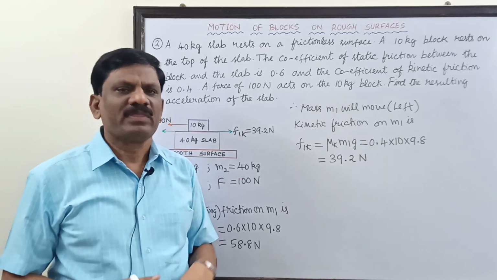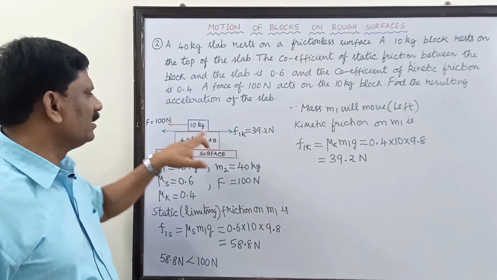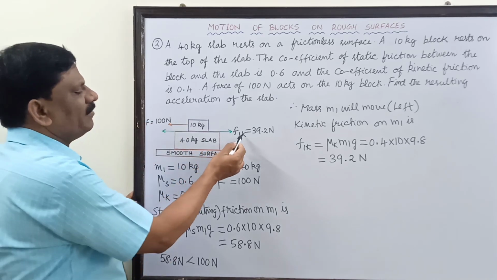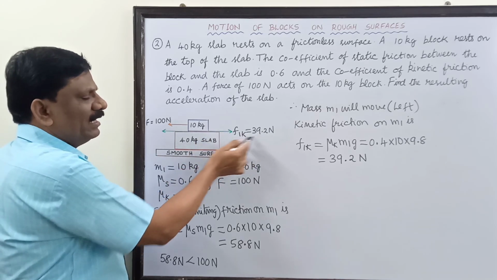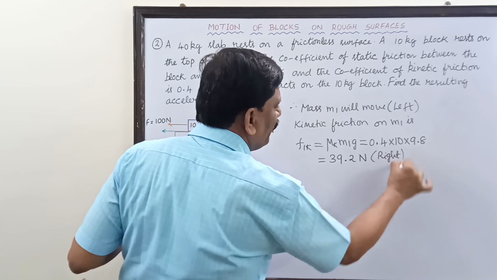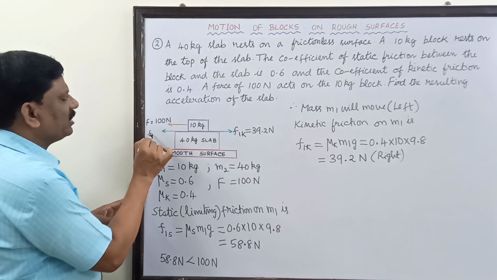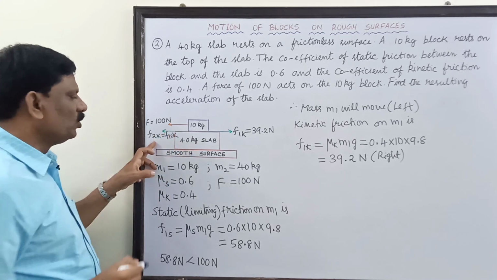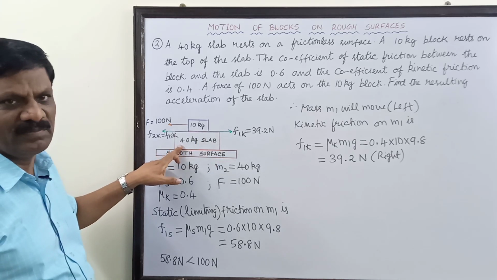So the net force acting on the mass 10 kg is 100 minus 39.2. Now, the same force acts as a reaction force on the right side of the mass M1, and it will be equal to the kinetic friction acting on the second mass also. So this is F2K, because this is the only force acting on the slab of 40 kg mass.